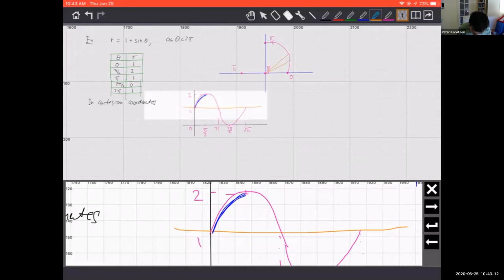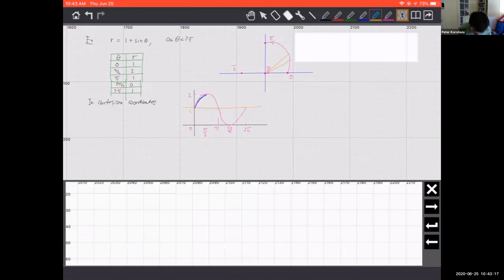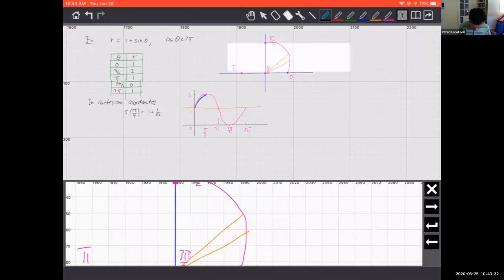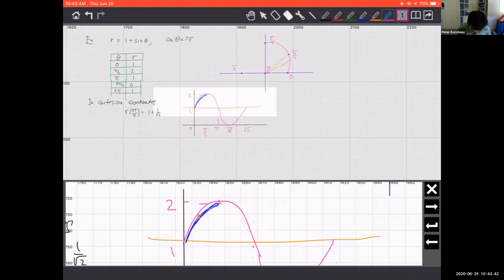So if we evaluate at pi over 4, r of pi over 4 is equal to 1 plus 1 over 2, and it's somewhere here. Now we'll also expect some symmetry.